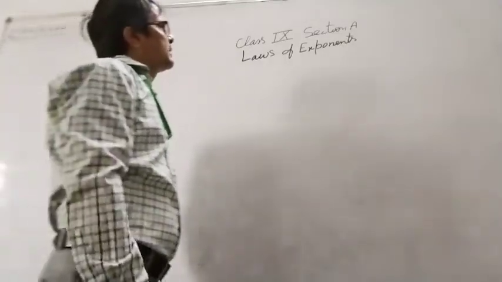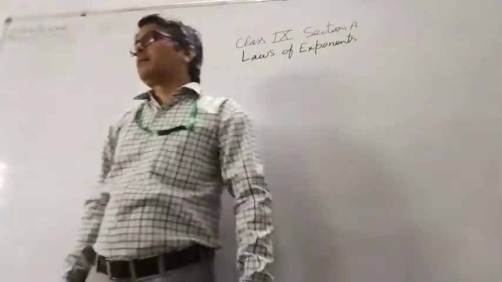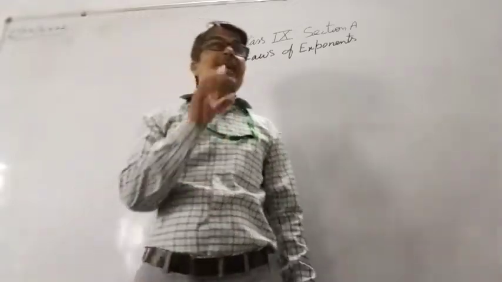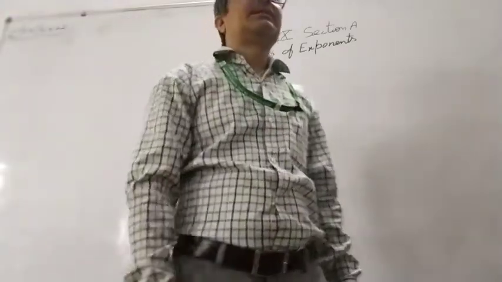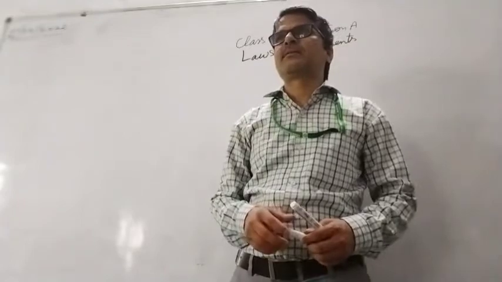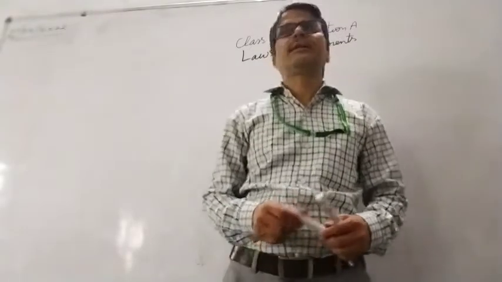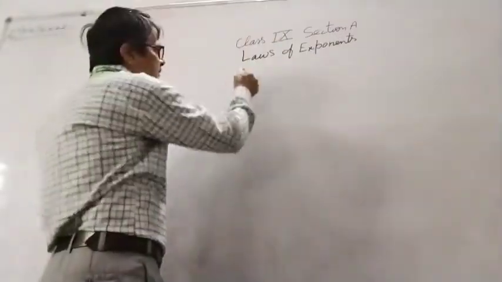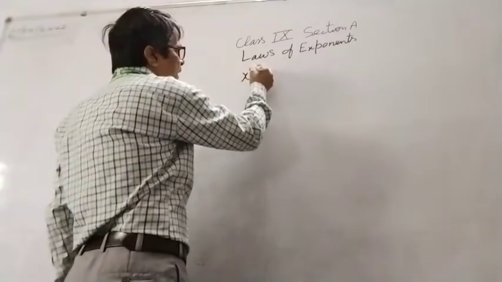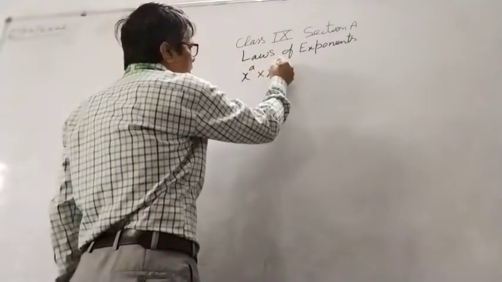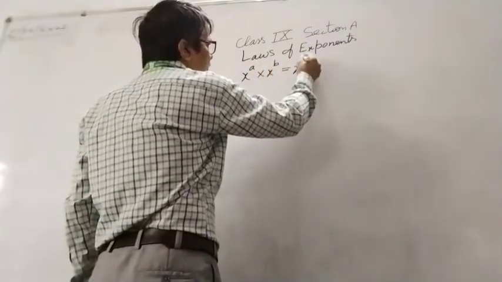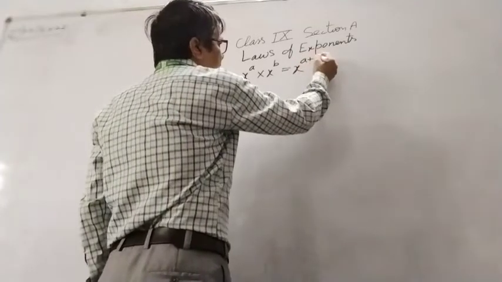So students, today we will learn the different laws of exponents, which is exercise 1.6 of chapter 1. The first rule is x power a into x power b is equal to x power a plus b.